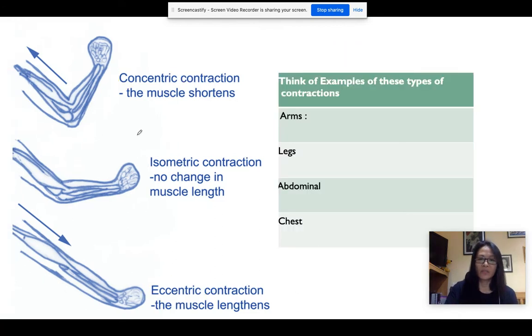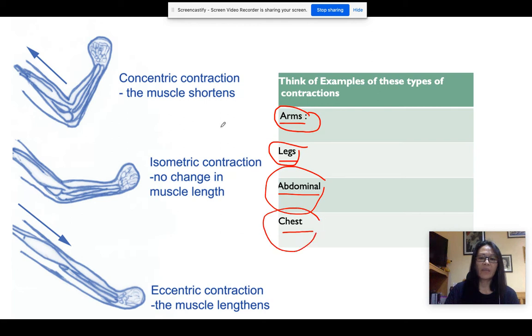Now you think about what movements are contracting in this way, like in the arms, the legs, the abdominal muscles, and the chest. So, just think about it. For example, a bicep curl, or when you push up, when you go down and up, your muscles are contracting and it shortens.